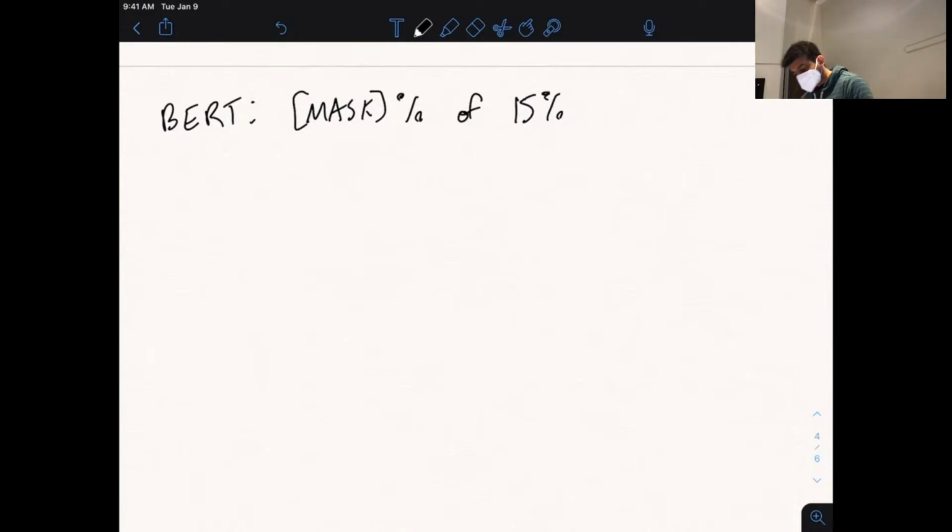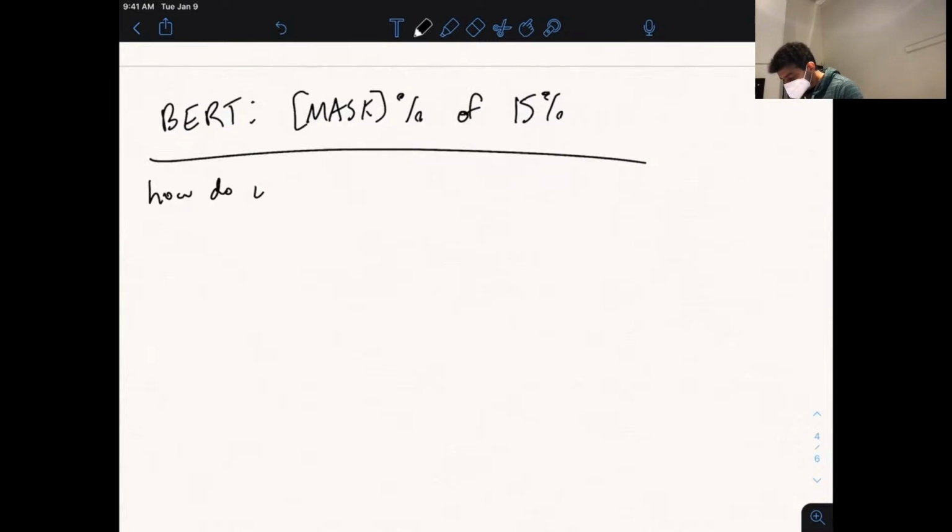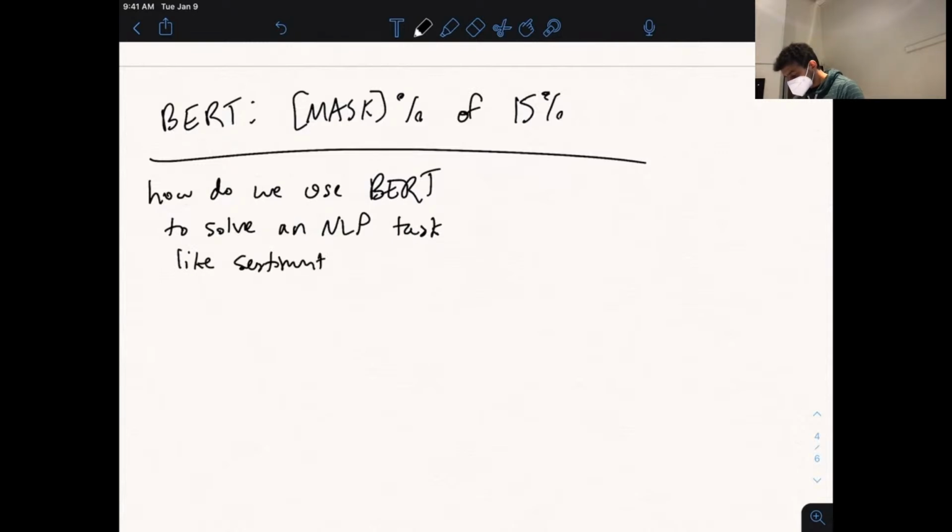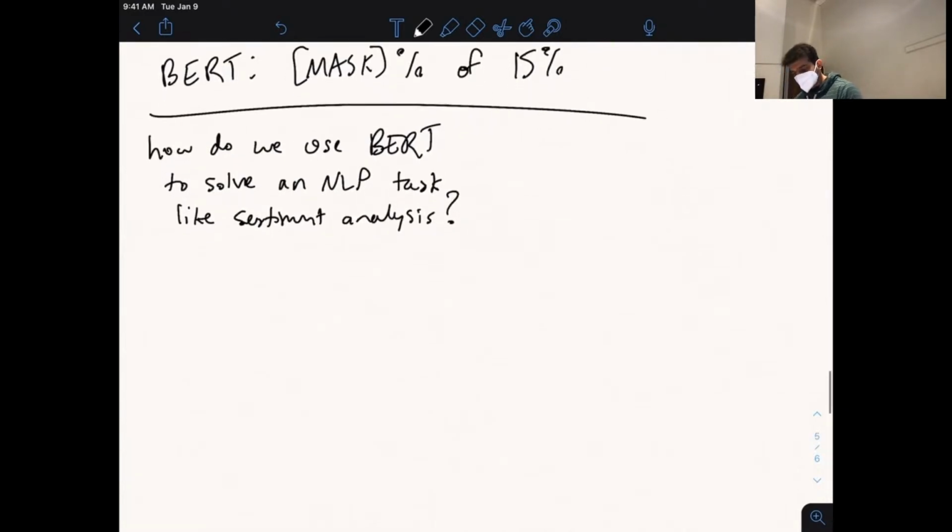So given BERT, and remember in ELMo we had our pre-training task and then we had our downstream sentiment neural network. Here it's going to be slightly different. So how do we use BERT to solve an NLP task like sentiment? We've already talked about this pre-training task, right?